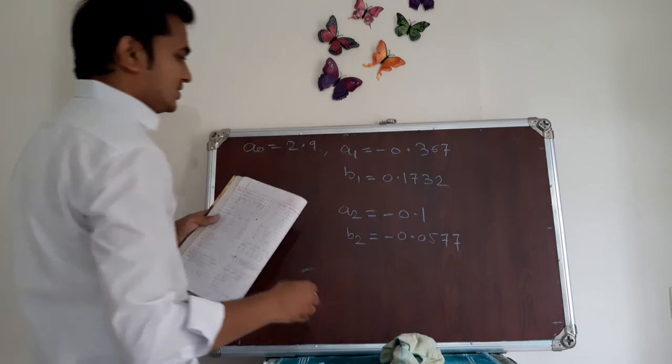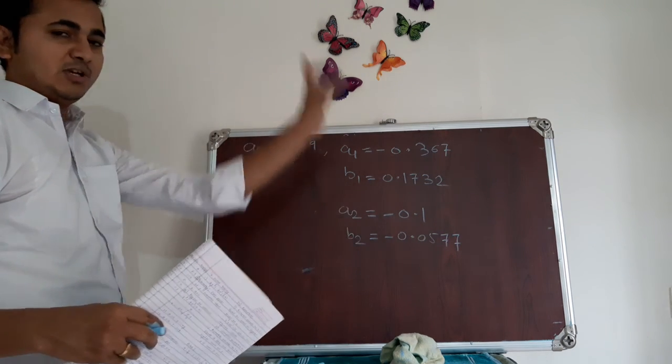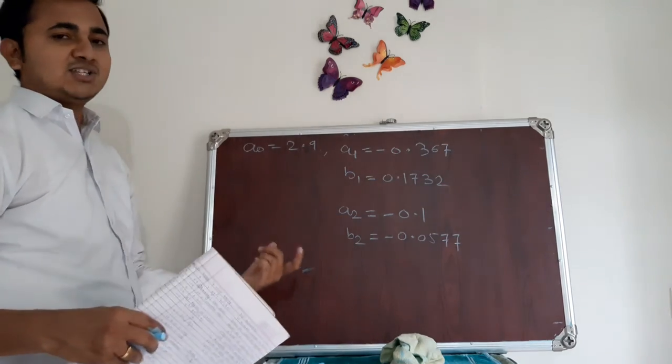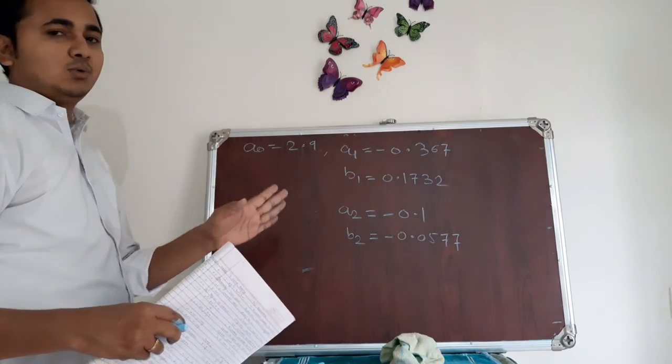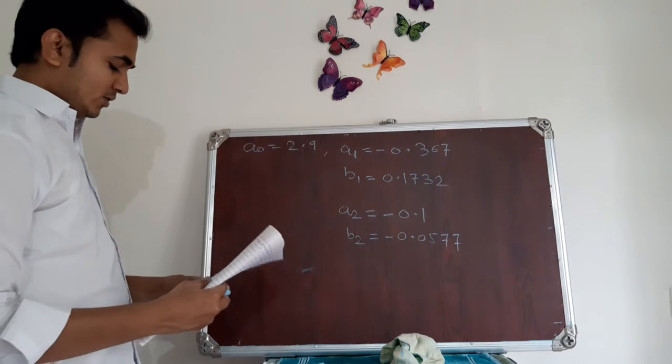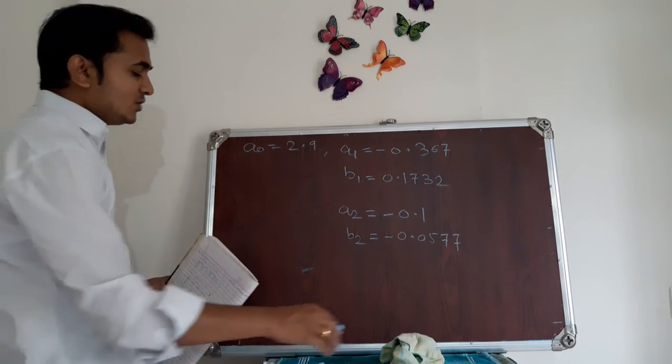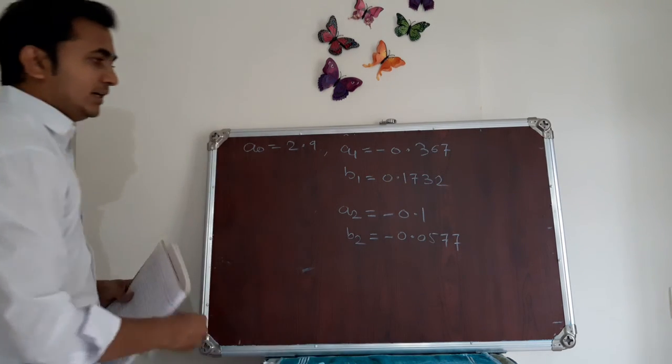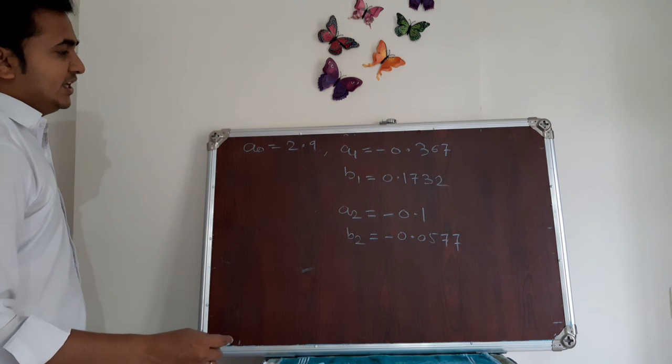Because you have already got those summations, you just divide by 6 and multiply by 2, you will get these Fourier coefficients.